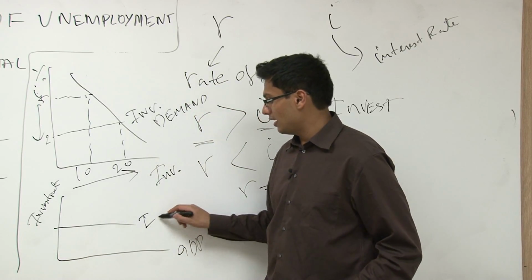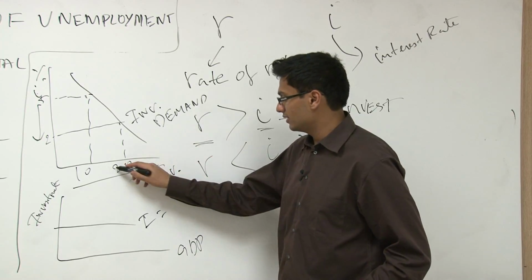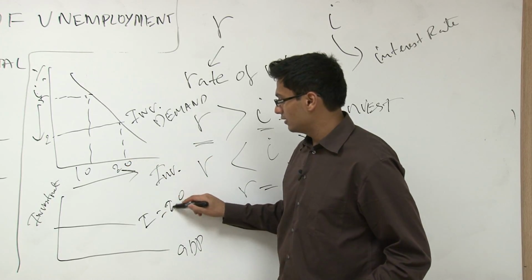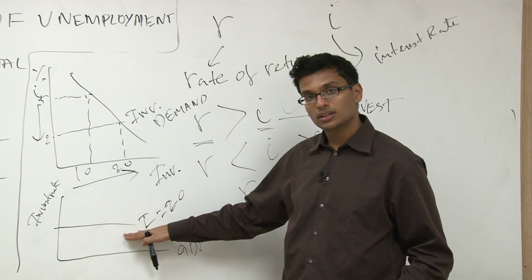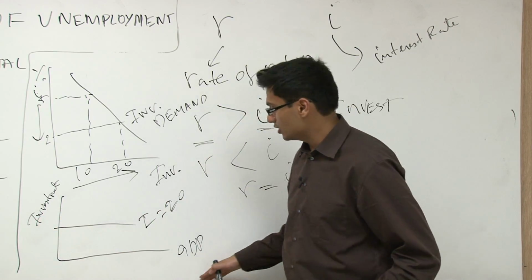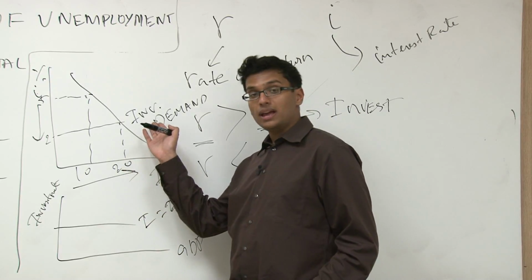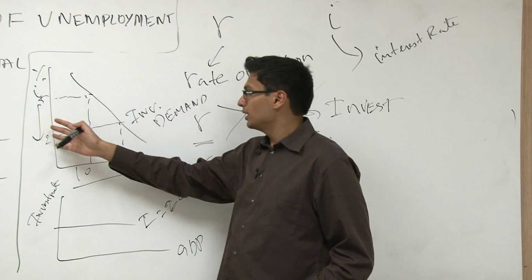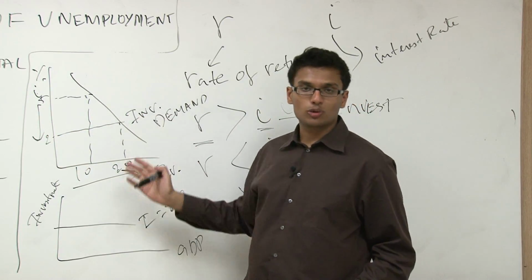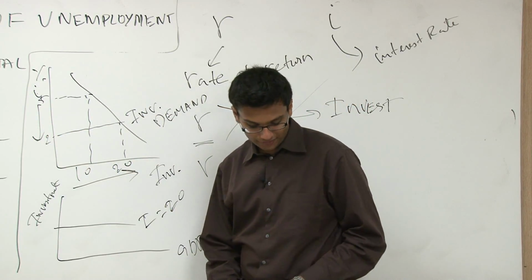I is equivalent to, let's say at this point, $20 million. So investment looks like a flat line with investment on the y-axis and GDP on the x-axis. But investment demand has investment on the x-axis and the interest rate on the y-axis, and you basically have a downward sloping investment demand graph.